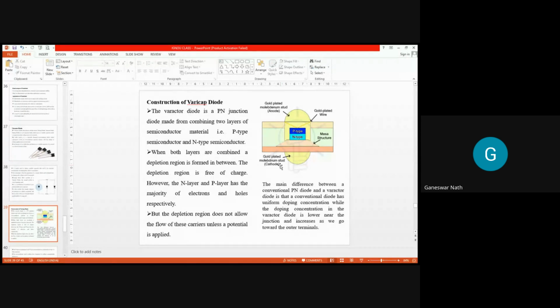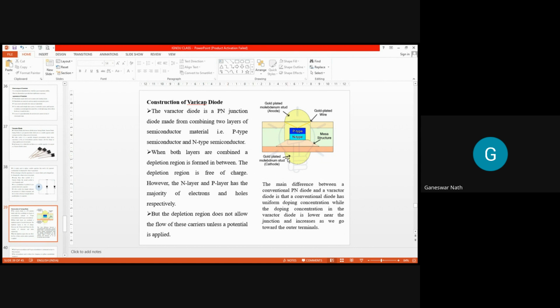When both the layers are combined, the different regions get formed. The varactor diode is a p-n junction that combines two layers of semiconductor material, p-type and n-type semiconductor. When both layers are combined, a depletion region gets formed in between, which I have already discussed in many cases. The depletion region is free of charge.